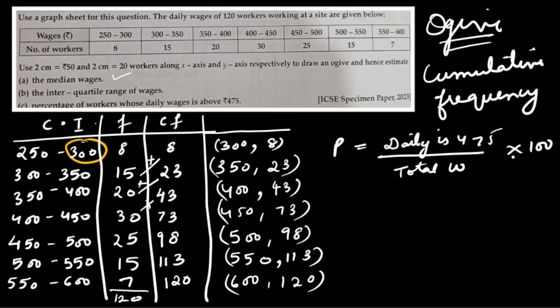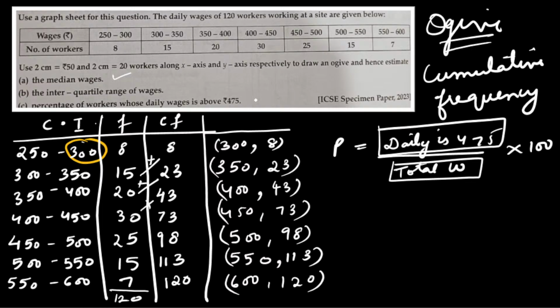Whenever you are finding a percentage, the thing whose percentage you are finding should come at the numerator and the total at the denominator, like your marks percentage: your marks divided by total marks into 100. This way you can find the percentage.